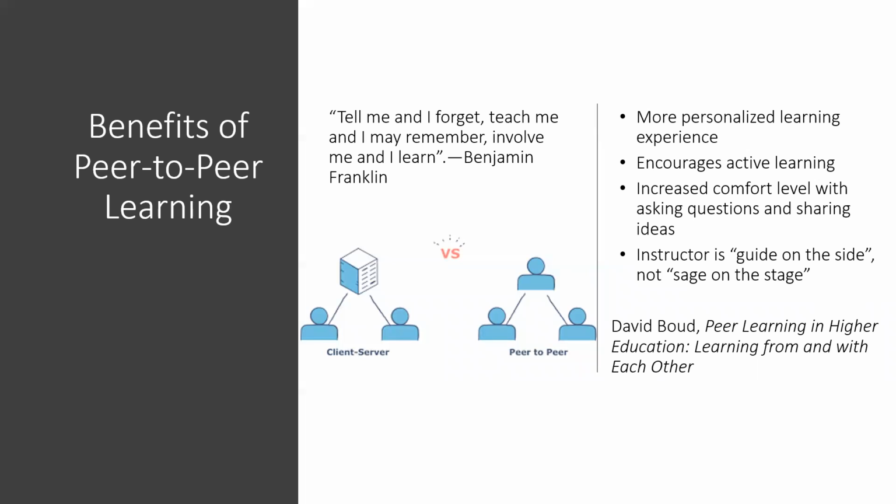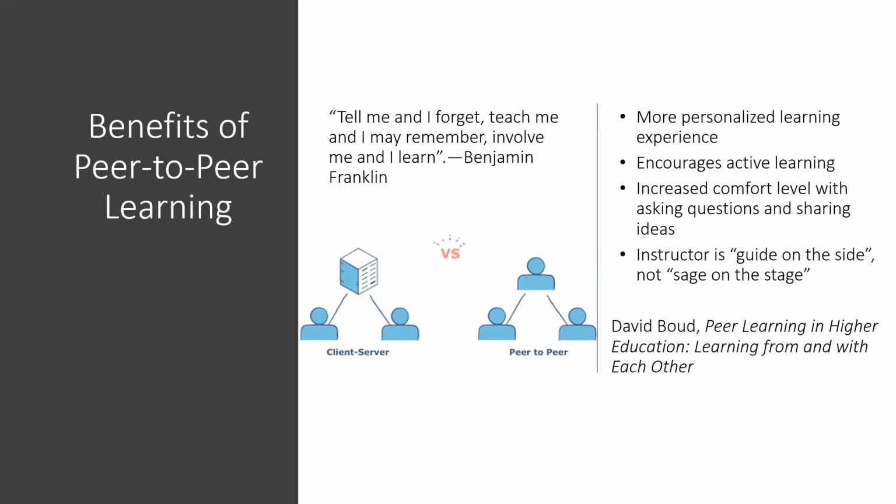And the most important here is that the instructor is a guide on the side and not a sage on the stage. The sage on the stage model really does a lot to limit the learning that goes on in the room, okay? And I have here just an example of what that looks like, in what we do every day. There's no middleman, okay?